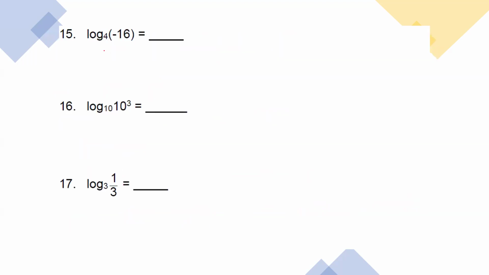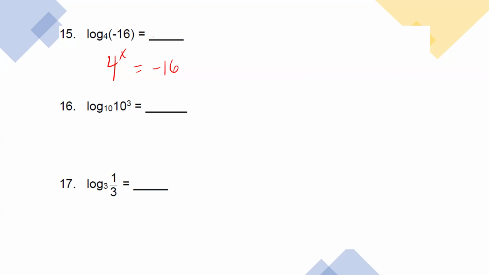So this one, we're going to think it out loud. We don't have to write it unless you want to. But this is saying 4 to what power equals negative 16? We had a problem on our classwork yesterday, number 8. It's no solution. It's undefined.